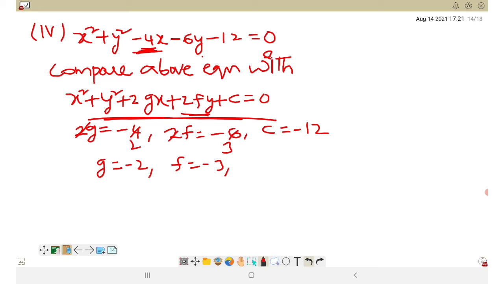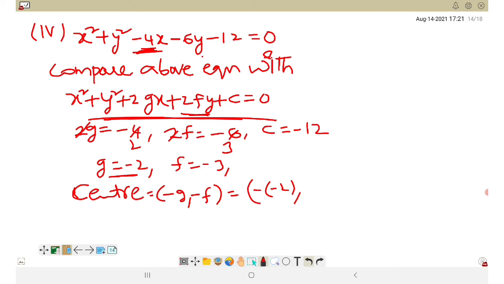So here the center is (minus g, minus f). Here g is equal to minus 2 and f is equal to minus 3, so the center is (2, 3). So this is (h, k): h is equal to 2 and k is equal to 3.